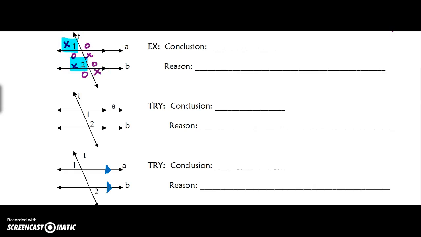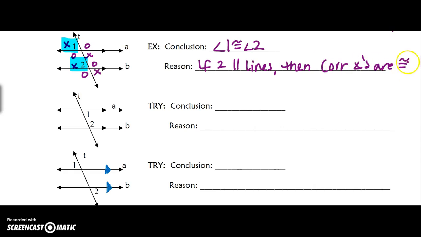And those two angles are X's, so we can say that angle 1 is congruent to angle 2 because they're both X's, which means they are the same or equal. And the reason behind this is if you have two parallel lines, then we know that corresponding angles are congruent.